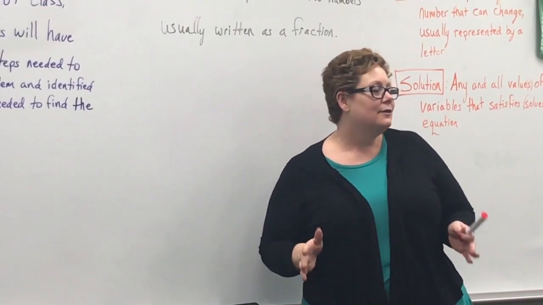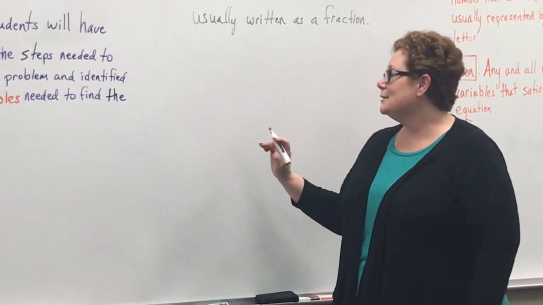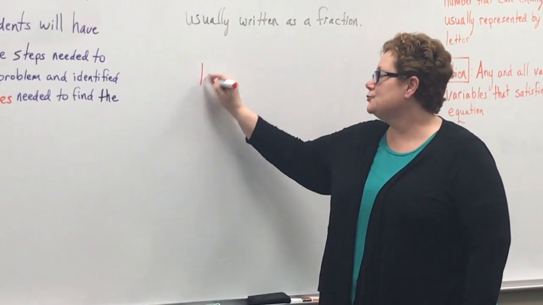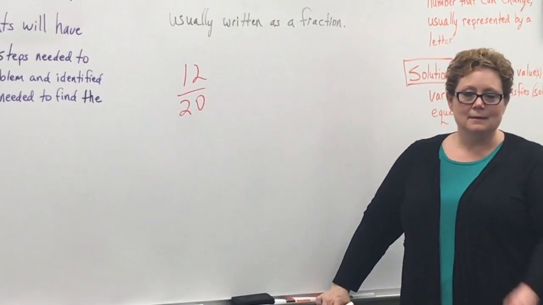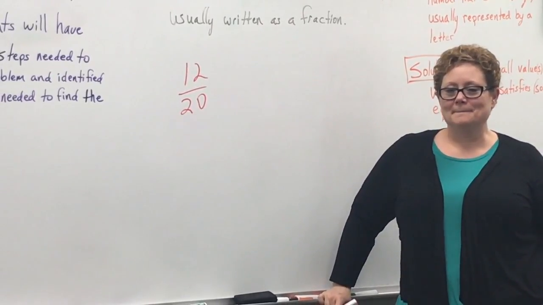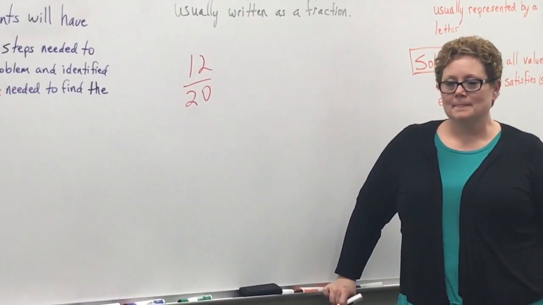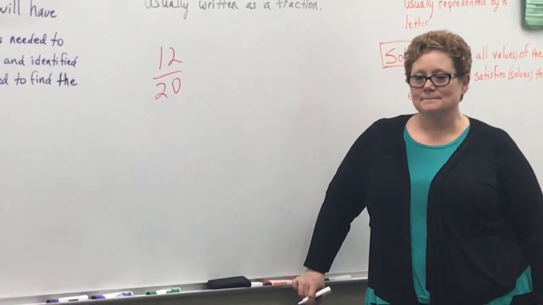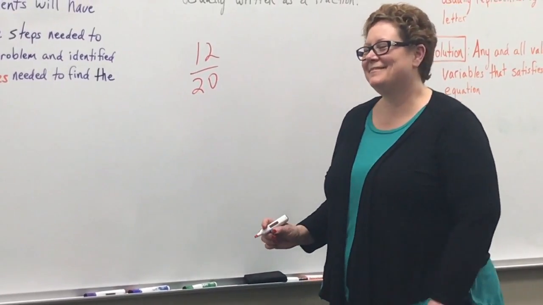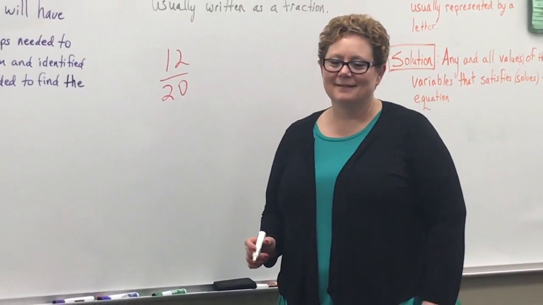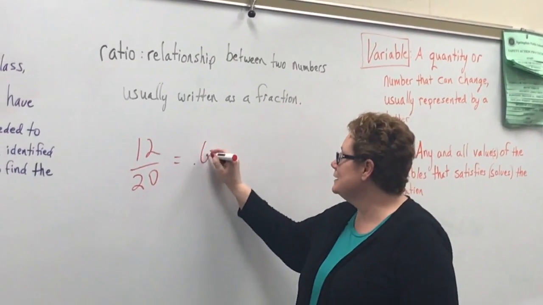We talked about a ratio being a relationship between two numbers, and we usually write it as a fraction. The biggest example that I can show you that most kids know is grades. If I tell you that you got 12 correct out of 20 possible points, what is your grade? Okay, if we divide 12 by 20, that gives us 0.6.